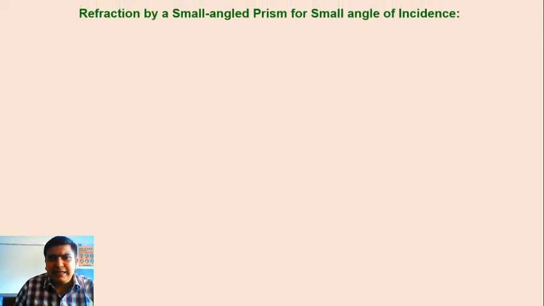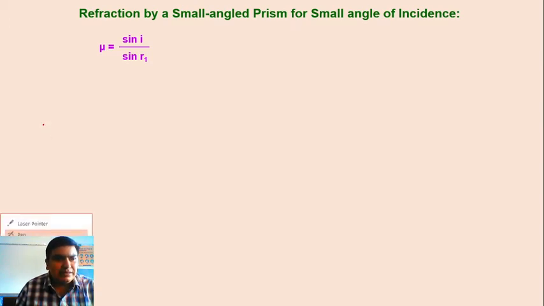Now, the refraction by a small angle prism for a small angle of incidence. That is the same as what I have already drawn for you. If the prism angle A is small, then obviously the incidence angle and emergence angle will be very small.